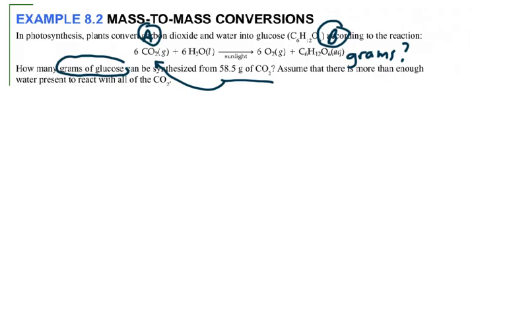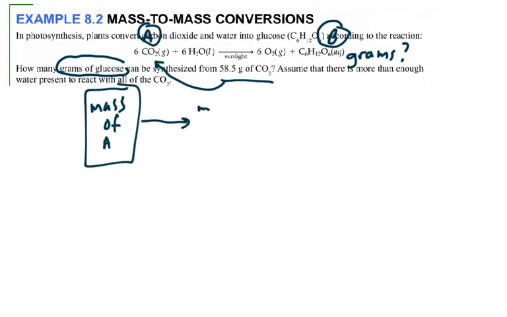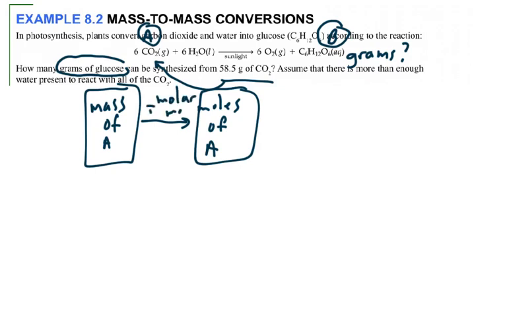What you're going to do first is we need to go from the mass of the given, which is A, CO2, and we got to change it to moles. According to the flow chart, you're going to divide by the molar mass of A, which is CO2.